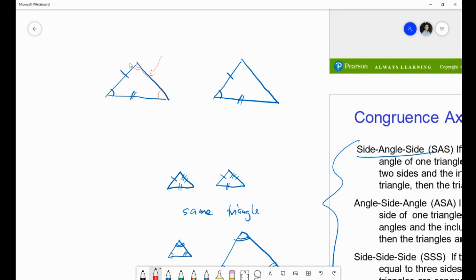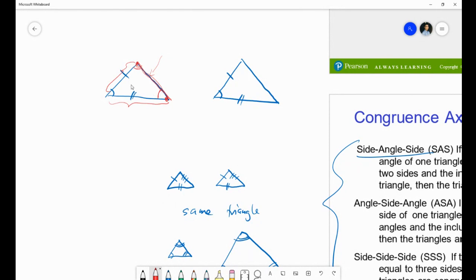Well, since we have a fixed length here and a fixed length here, this side right here has to be a certain length so that it meets with the vertex here and here. If that occurs, then this angle has to be created and is fixed, and this angle is also fixed.